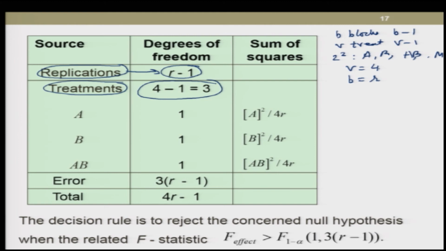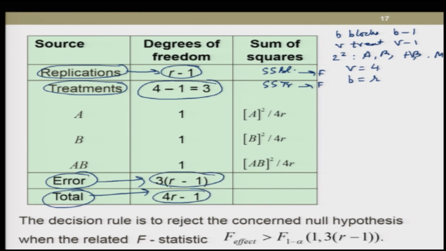And after this I was writing down the sum of square due to block, sum of square due to treatment, and then based on that I define the F statistics using the sum of squares due to error. Right, and one thing you have to keep in mind is that for the sum of square due to total and error, the degrees of freedom are the same, there is no change.